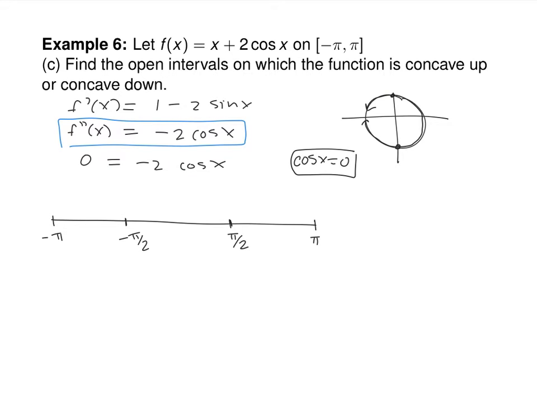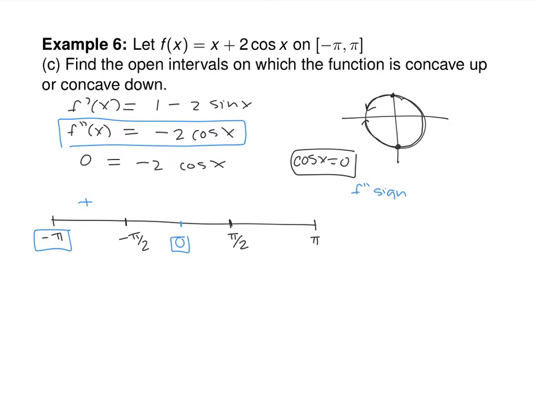So you can test negative pi. It's totally okay. What is cosine of negative pi? Negative 1, which times that -2 makes +2, so you're concave up there. Why could you test the endpoints in this one? Because the derivative isn't 0 at them. How about in between negative pi halves and pi halves? What's a good test point? 0, yep.